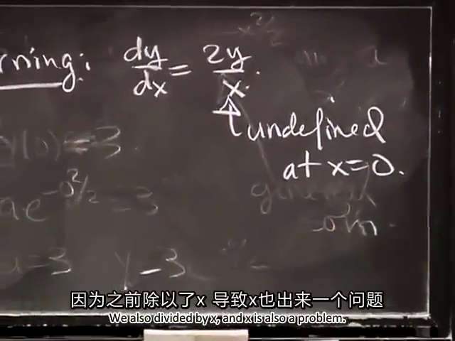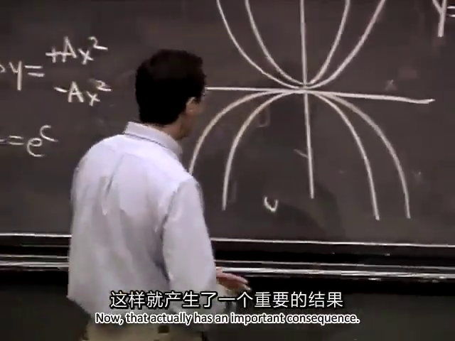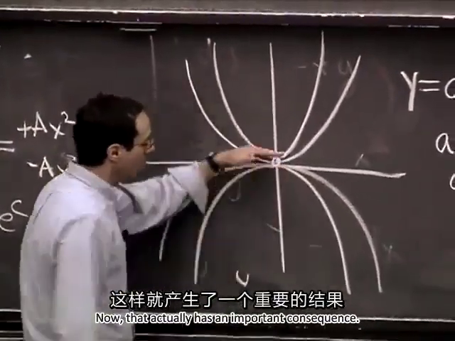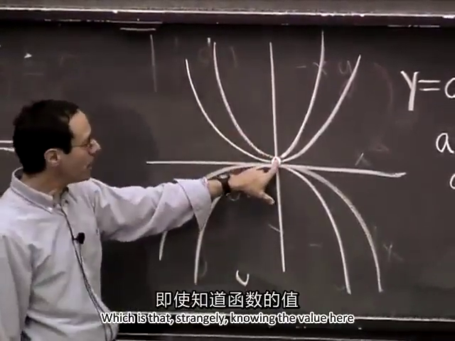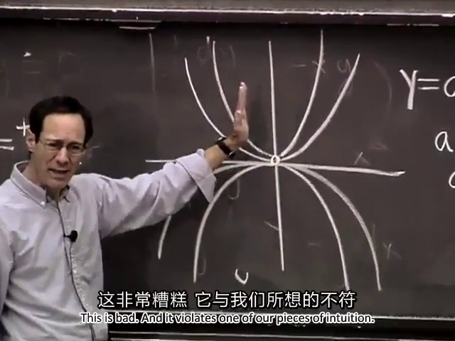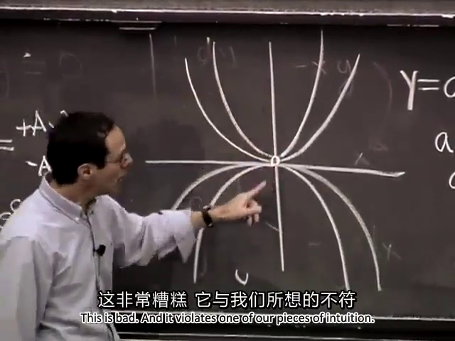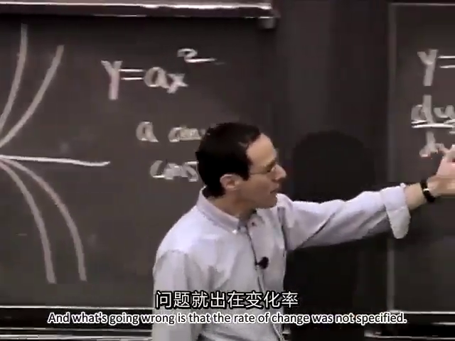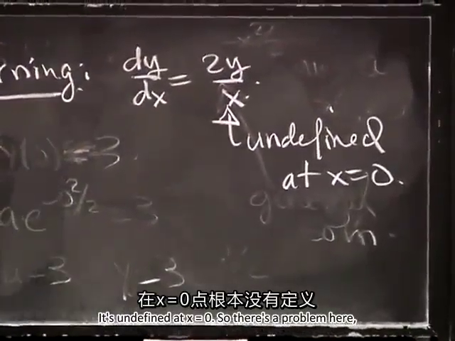We also divided by x, and x is also a problem. Now, that actually has an important consequence, which is that, strangely, knowing the value here and knowing the rate of change doesn't specify this function. This is bad, and it violates one of our pieces of intuition. And what's going wrong is that the rate of change was not specified. It's undefined at x equals 0.